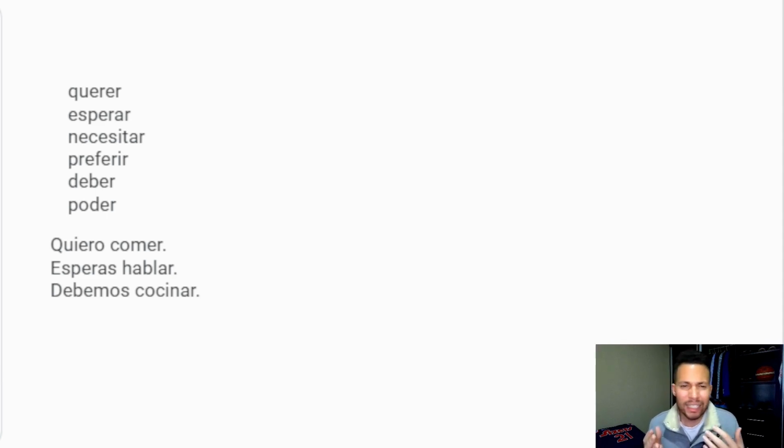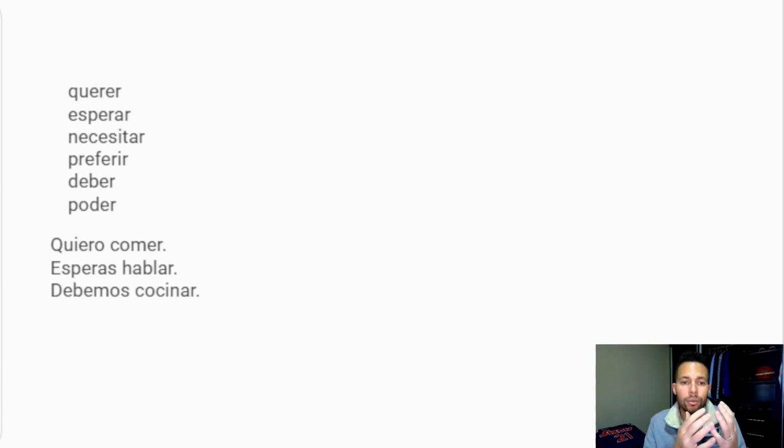Want, hope, need, prefer, should, can. They are verbs, but sometimes it's even hard to recognize when you're really thinking about it right away that it's definitely a verb. It's not very actiony, but they are verbs. And they sort of beg to have something attached to it.